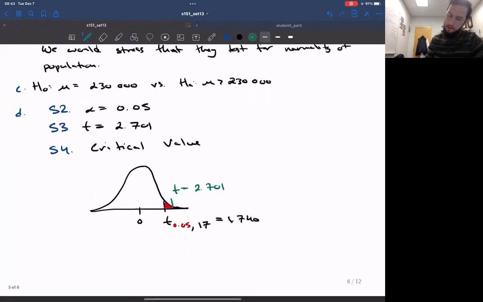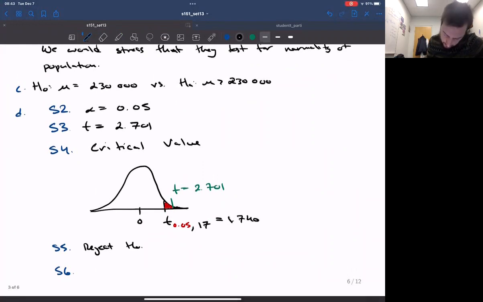And then we can see that our test statistic is inside the rejection region. So that means that we can reject H0. And then what the question is actually asking for is step 6. So the conclusion is what we want in this case.